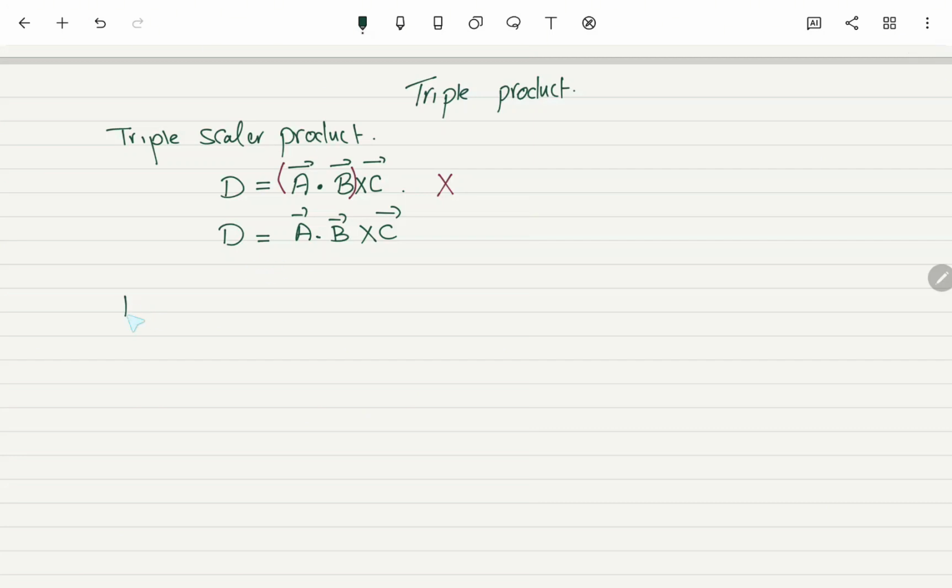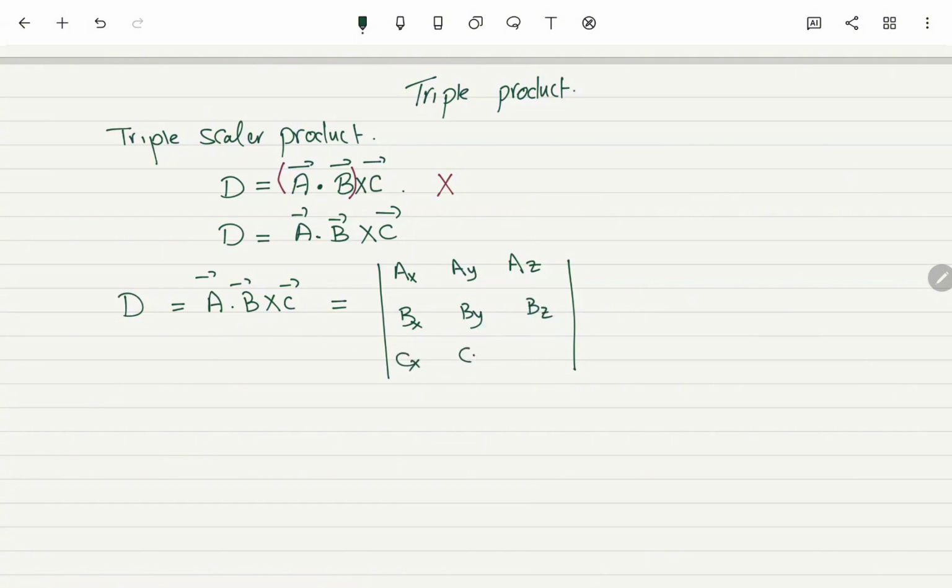To do this one, D equal to A dot B cross C, you can do this quickly by using the determinant. The first row is the components for the first vector, which in this case is AX, AY, AZ. Now the second row is the components for the second vector BX, BY, BZ, and the third one CX, CY, CZ.